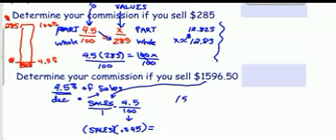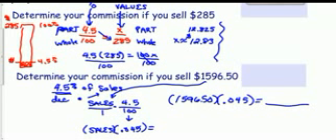So in this case, we take the 1596.50, which is my sales, and I would multiply it by the percent that I'm trying to find, 0.045. And when I calculate this, it will tell me the amount of commission, or in other words, the part that is equal to 4.5%, where this is my percentage that I wanted, and this is the whole amount that I'm taking the percent of.